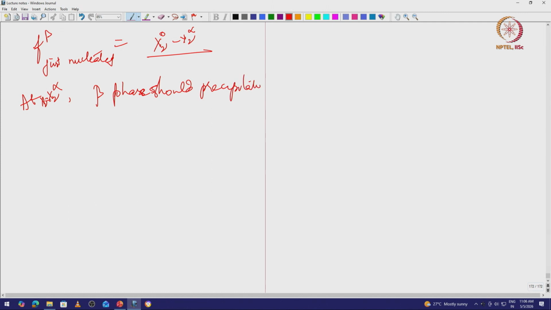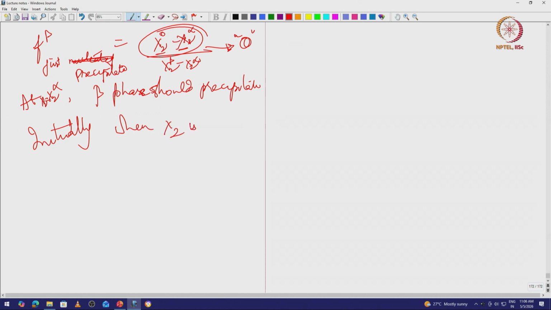And the fraction of beta phase that just got precipitated will be x2 0 minus x2 alpha divided by x2 beta minus x2 alpha, right. Now if x2 0 is very close to x2 alpha, this is a quantity almost equal to 0. So initially there is not much beta phase. When x2 is just greater than x2 alpha, the fraction of beta is almost close to 0, there will be a few nuclei that are forming here and here, right.